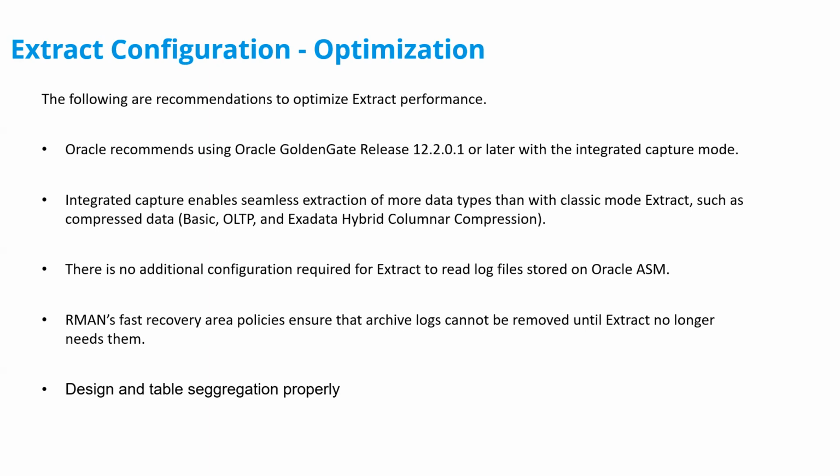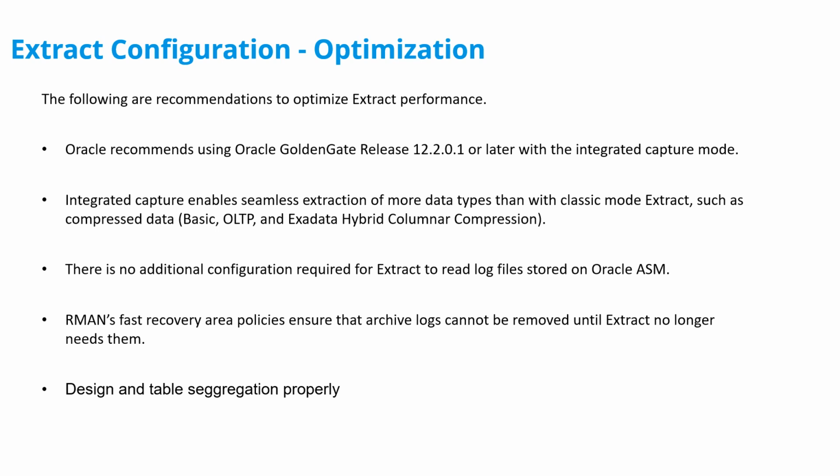Along with that, there are two types of extract: classic and integrated. The recommended configuration for your environment is integrated extract. Integrated capture enables seamless extraction of more data types, and it is easier to configure as well. There is no additional configuration required for extract to read trail files stored on ASM.